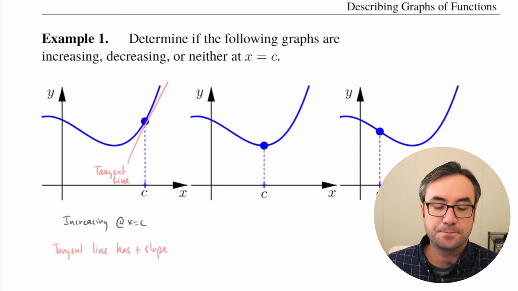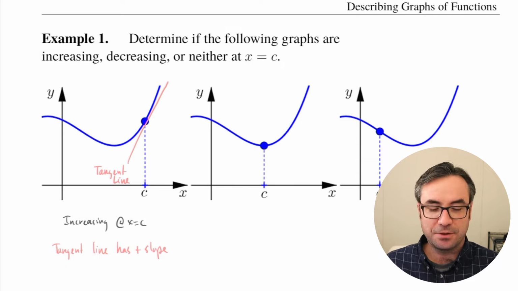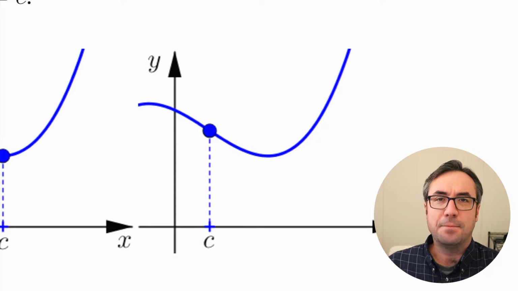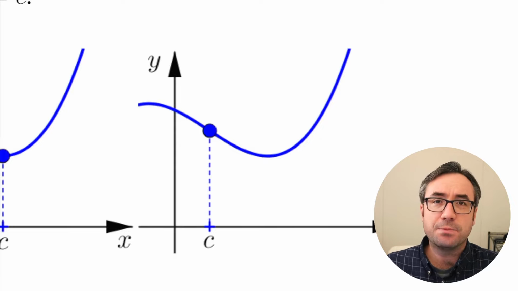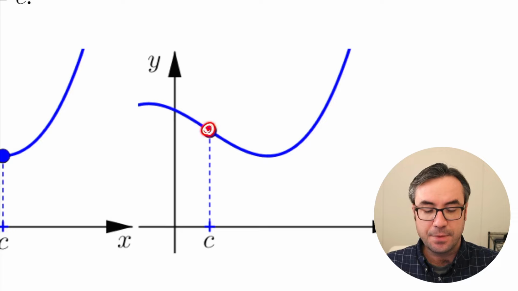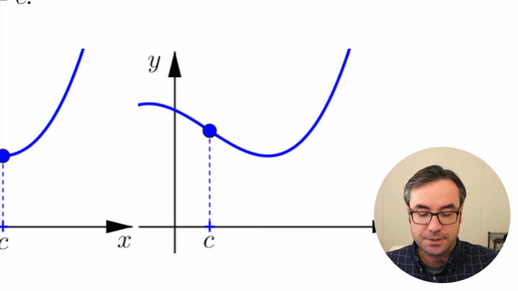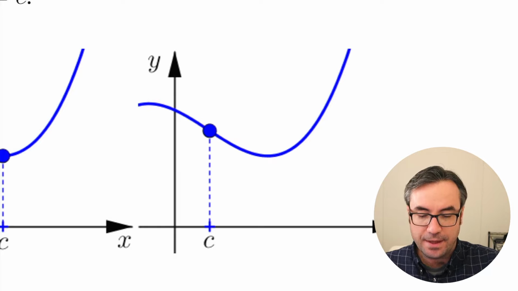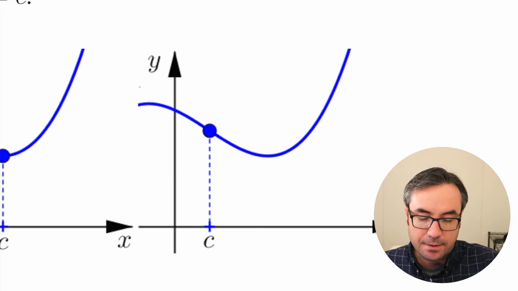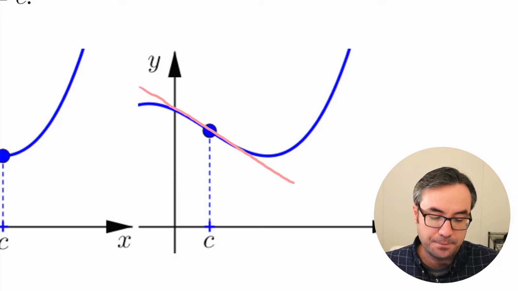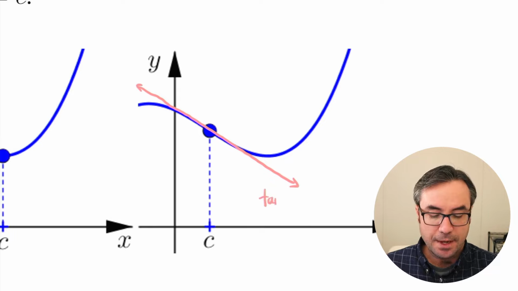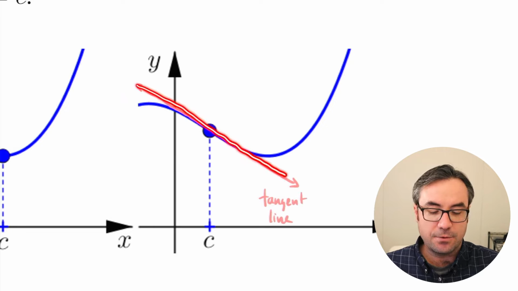Now, the next one we'll come back to. Let's look at the one all the way on the right. Again, we're interested at x equals c. We find the point, and we draw on our tangent line. Let's draw in what we think our tangent line is going to look like. Maybe not quite that. Let's try again. There we go. Roughly, that's our tangent line at this point. The general trend for this tangent line is downward.